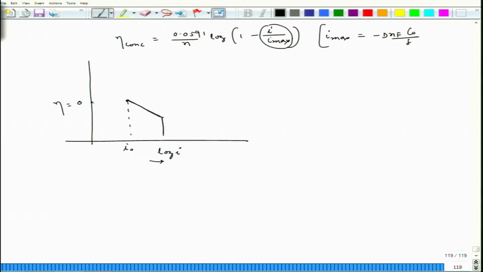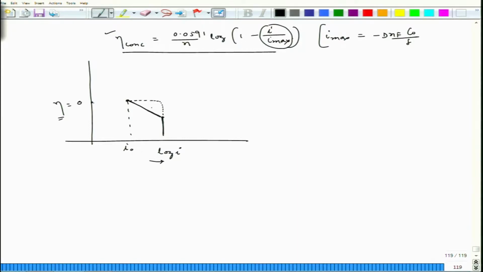So, it would be a flat line parallel to the overvoltage axis, at this particular current I max. If I plot this equation, I would see a plot like this.